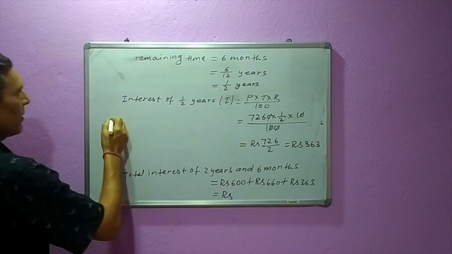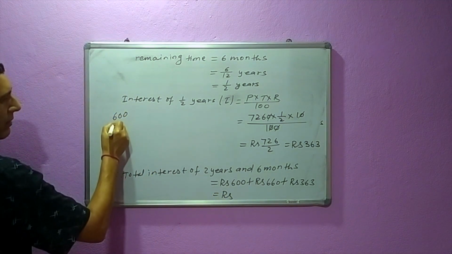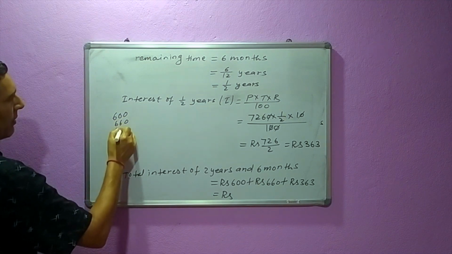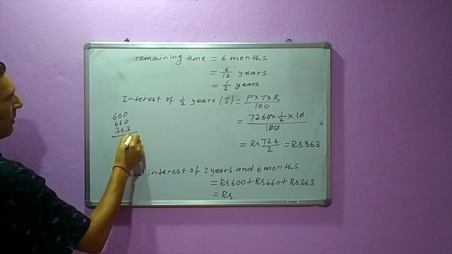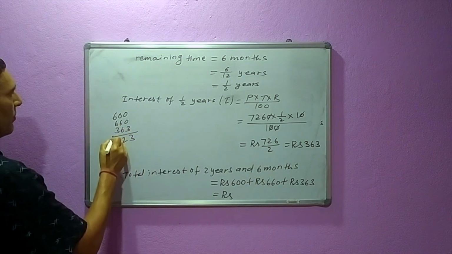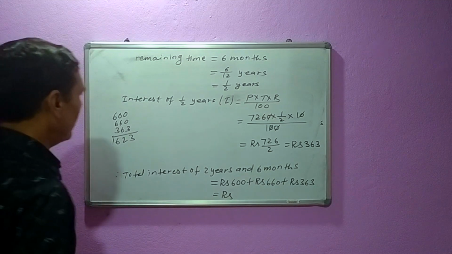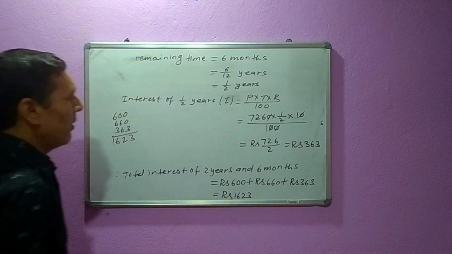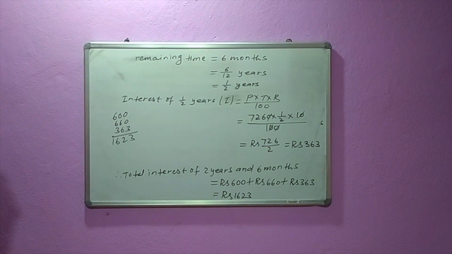So it becomes 600 plus 660 plus 363, which is 1623. So this is the compound interest of rupees 6,000.